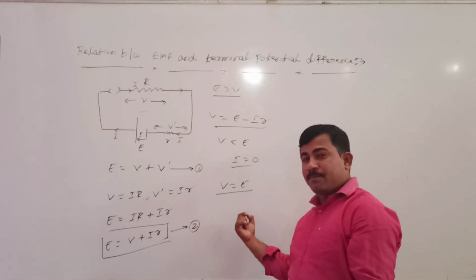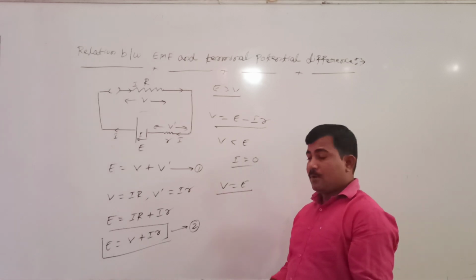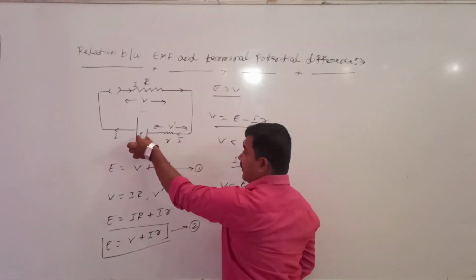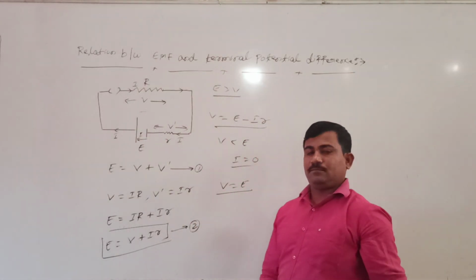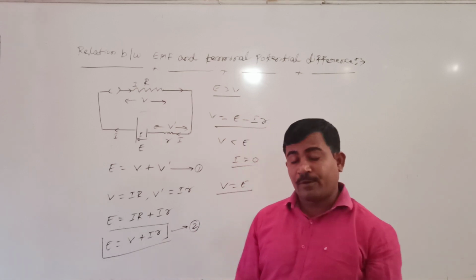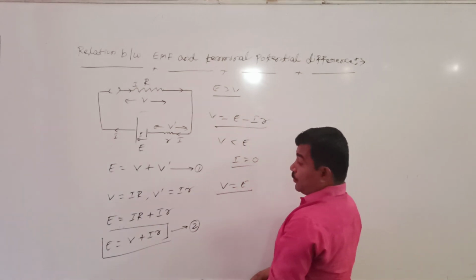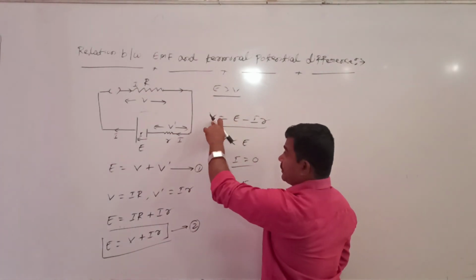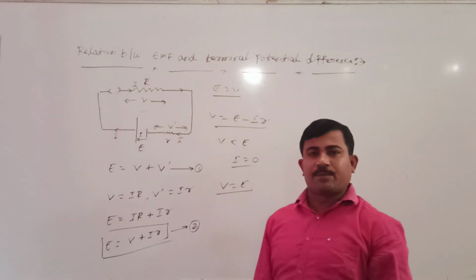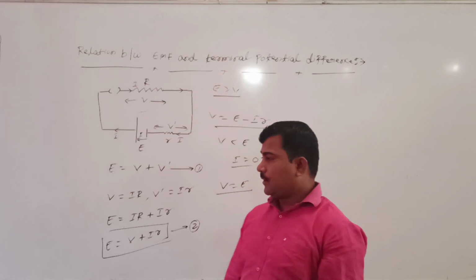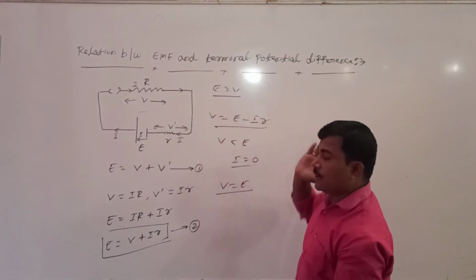I defined EMF. What is the EMF? The potential difference between two electrodes when no current is drawn from the cell. But the potential difference between two electrodes when current is drawn from the cell, we call the terminal potential difference. Right? Then from this and from this, what did you get?